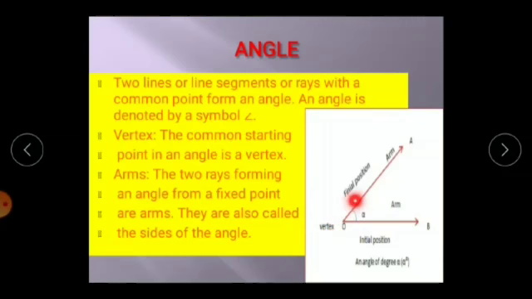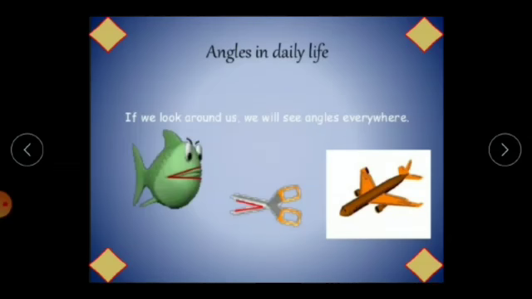The two rays forming an angle from a fixed point are known as arms of an angle. They are also called the sides of the angle. If we look around us, we will see angles everywhere.